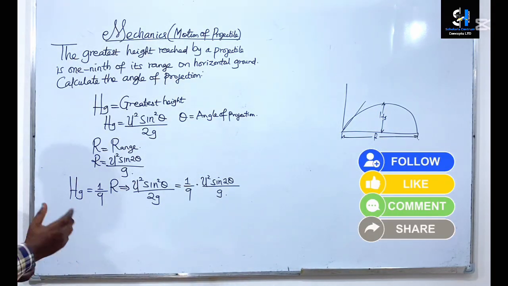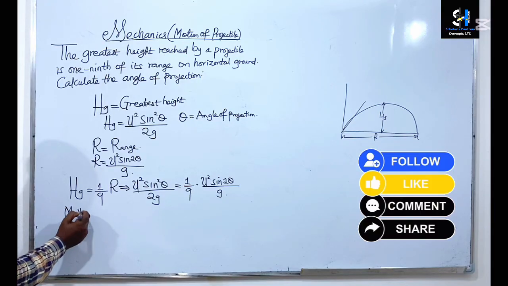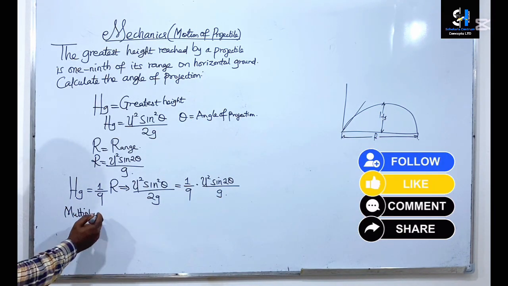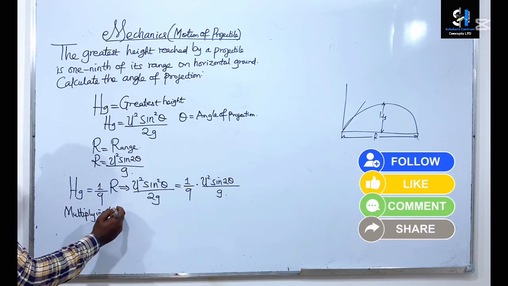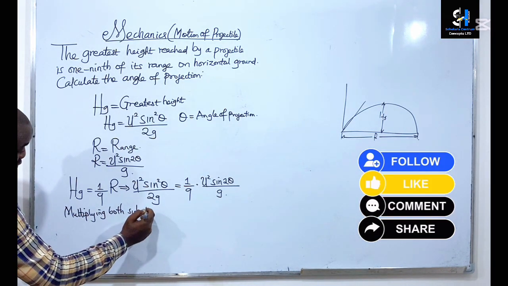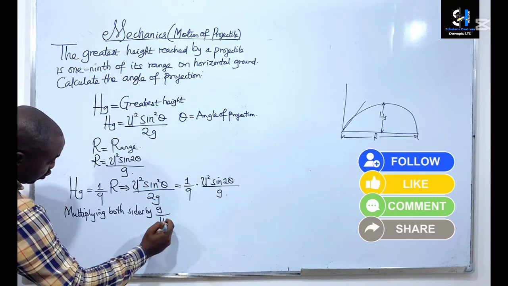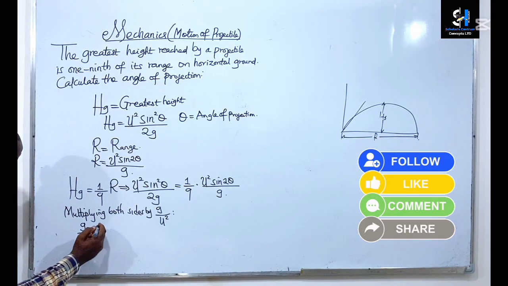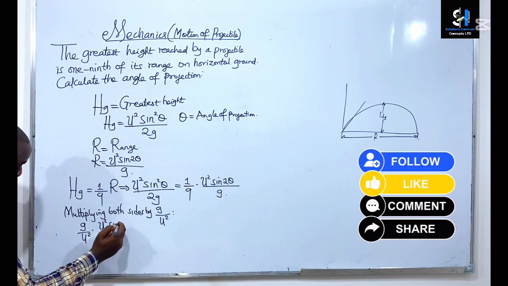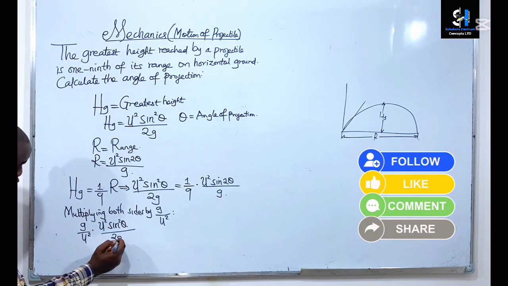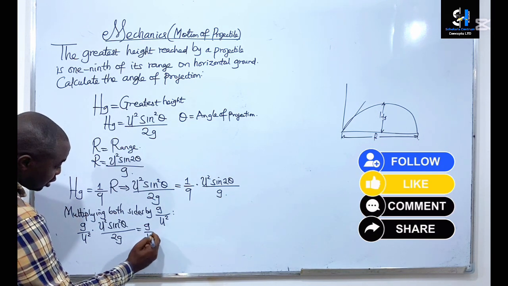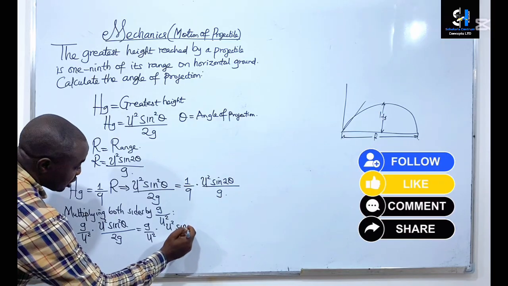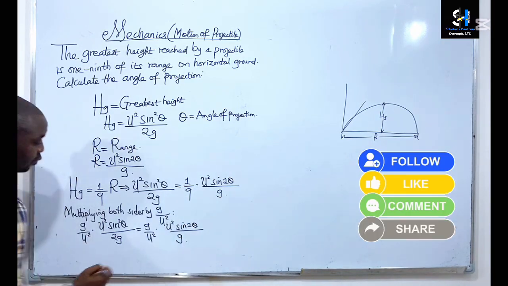We're going to multiply both the left hand side and the right hand side by g over u². So that will be g over u² multiplied by u² sin² theta over 2g equals g over u² multiplied by u² sin² theta over g.